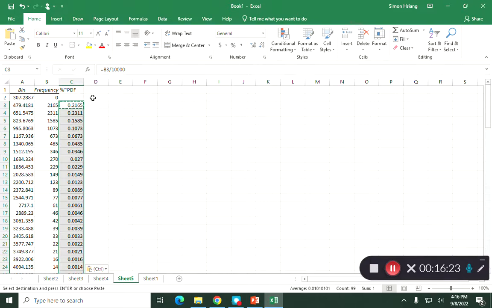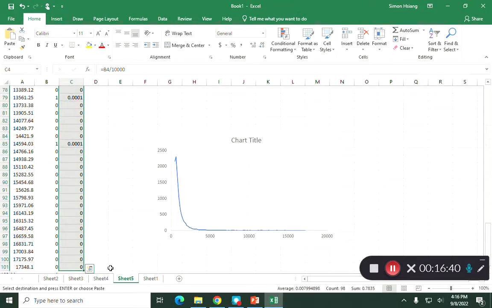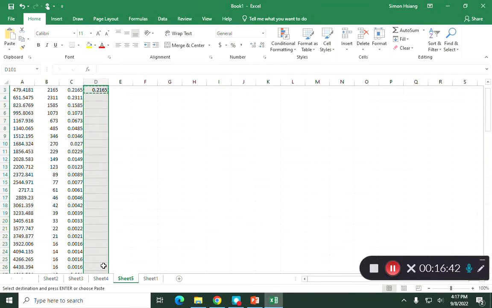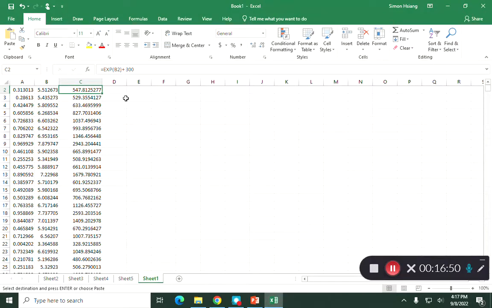And CDF equal to what? Start from 0. Grow by this number. So grow at the end should be very, very close to 1. Yeah, okay? So I'm not going to plot it. We're doing the same old stuff again. Okay? That's not what I want.